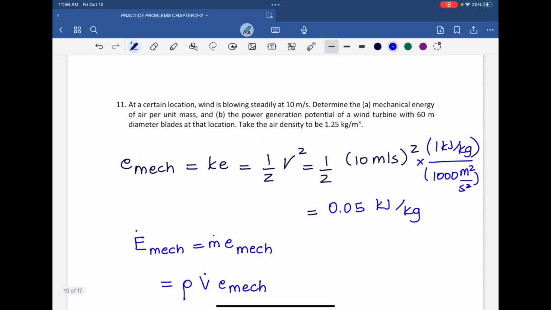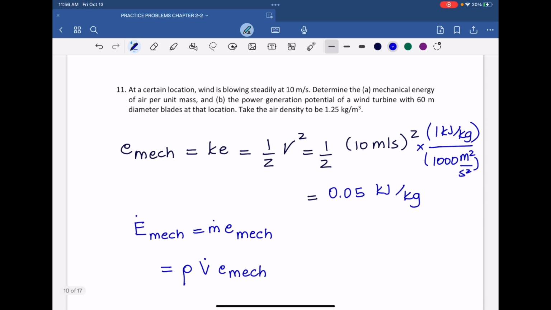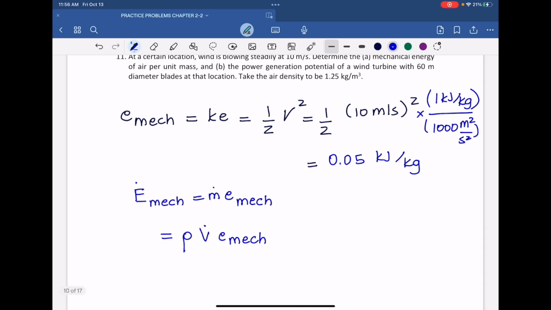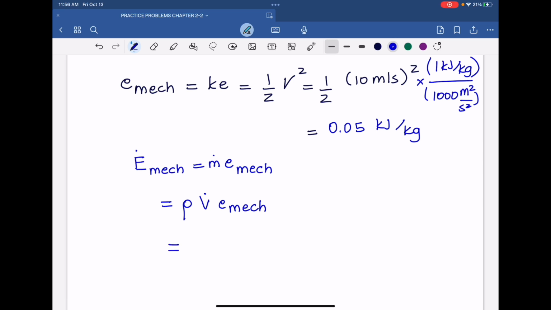Now, they didn't give us the volumetric flow rate. They gave the density 1.25, but they tell us about the diameter. So diameter should give you information about the area. And if you remember, instead of volumetric flow rate, we can replace it with velocity times area.